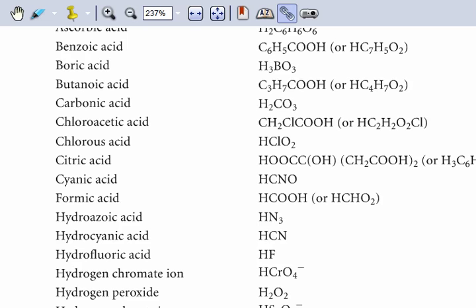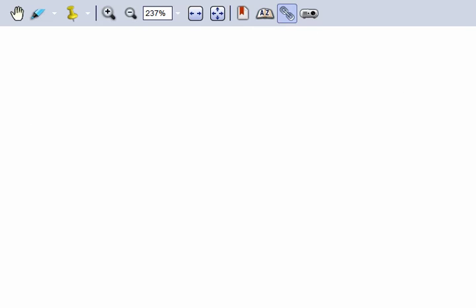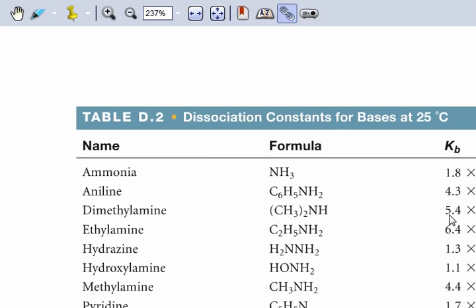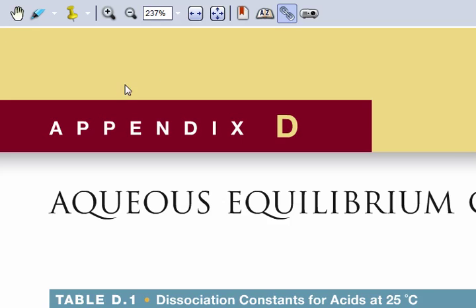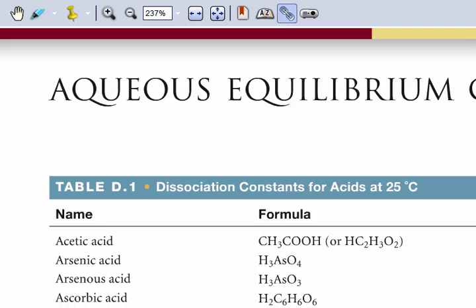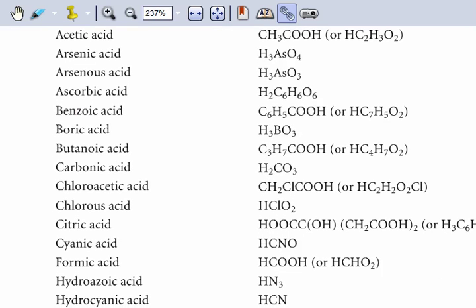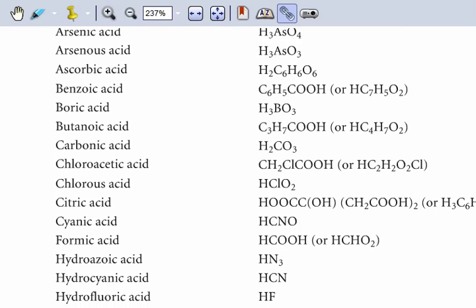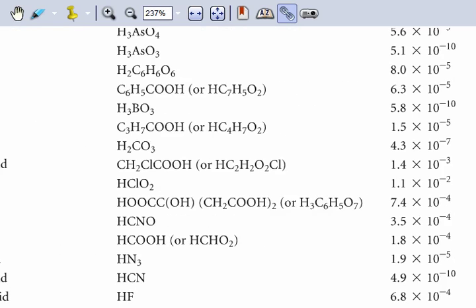I actually could take you to the bases, but I'm not going to find fluoride there; these are all in alphabetical order, and fluoride's not there. So I have to use the data for its conjugate acid. Hydrofluoric acid is the conjugate acid of fluoride, and here is its Ka value.